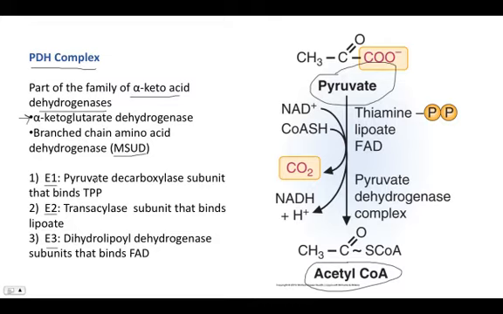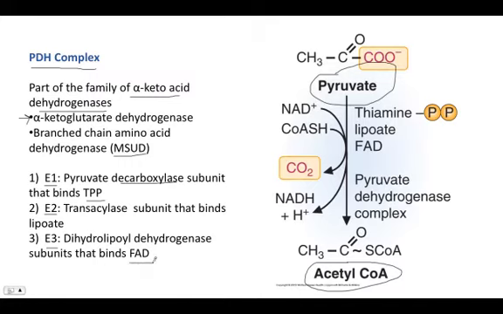First, you have the pyruvate dehydrogenase carboxylase subunit, and this subunit requires TPP, or thiamine pyrophosphate. The second subunit, E2, is a transacylase subunit that binds lipoate. And finally, the E3 subunit is a dihydrolipoyl dehydrogenase subunit that binds FAD.